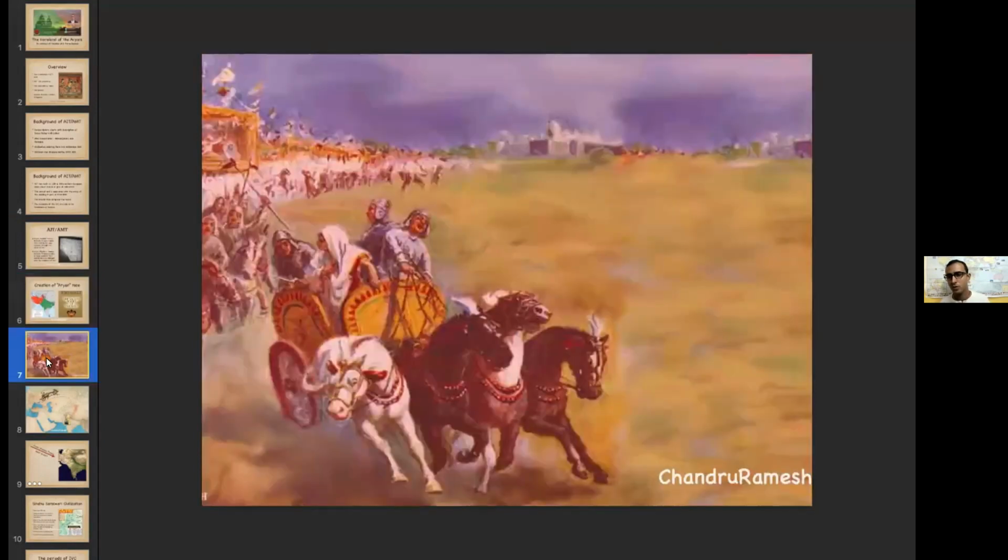And as I showed in the previous session, there were three important archaeological factors they used. One is the evidence of horse. They said India does not have horse before 1500 BC, and India did not have chariots before 1500 BC, and India does not have spoked wheels before 1500 BC.